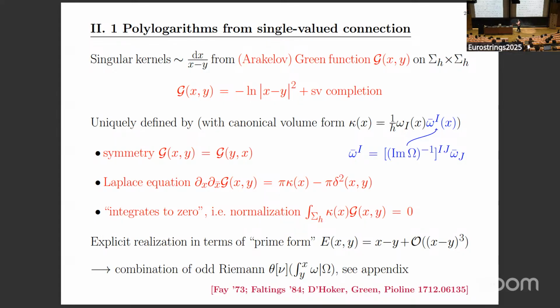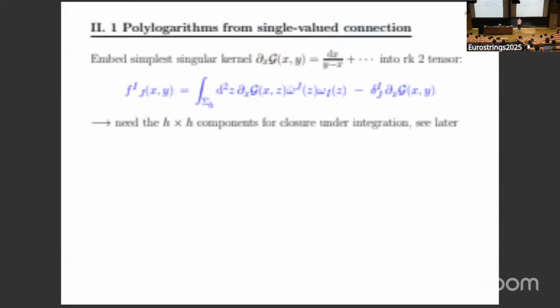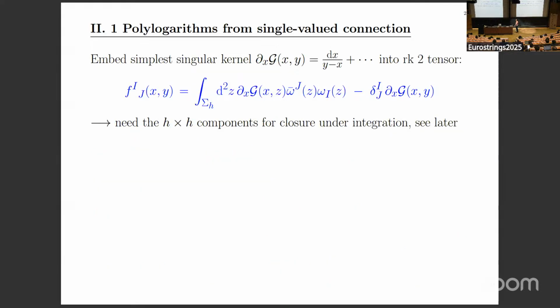Okay, so summary of that slide, there exists a well-understood Green's function on two copies of the surface, and that one I will now use to construct the flat connection for higher genus polylogs. I promised simple poles, and an easy way of getting simple poles is to differentiate the log. So here the Green's function representing the single-valued flavor of the log.